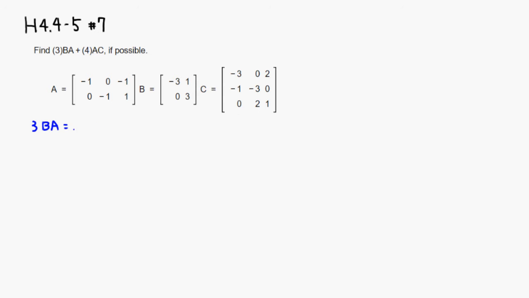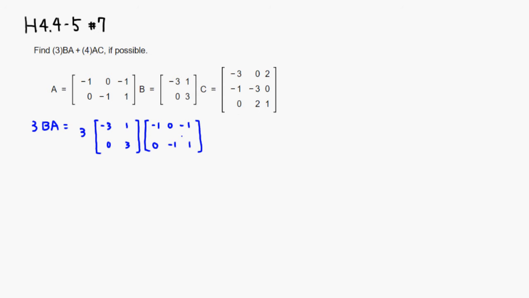So this is going to be 3 times B, which is a 2 by 2 matrix: negative 3, 1, 0, 3. Then A is a 2 by 3 matrix: negative 1, 0, negative 1, 0, negative 1, 1.